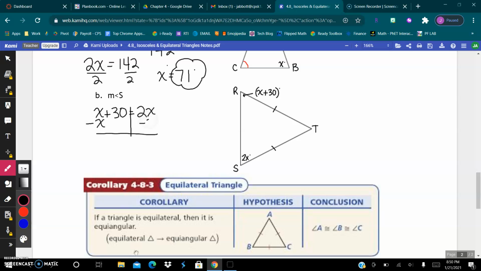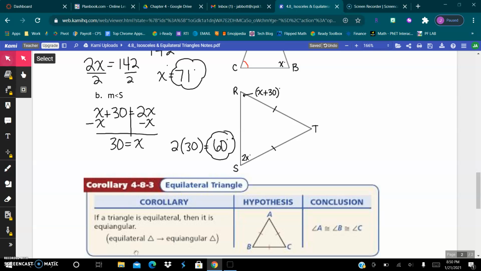So I'm going to subtract x from both sides. So 30 left here, and 2x minus 1x is just x. So x is 30. We weren't asked what x was, though, we were asked what the measure of angle S is. So we have to do 2 times that 30, which is 60. So the measure of angle S is 60 degrees.